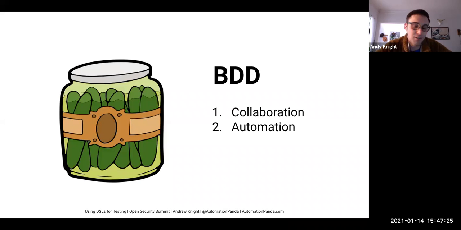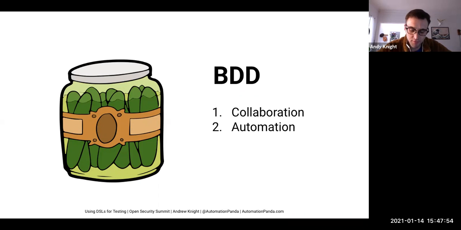I'm not going to get too much into BDD or what it is, but essentially it's a set of pragmatic practices that help you make better software behaviors in your development practices. So there are two main benefits of BDD, collaboration and automation. On collaboration, what BDD does is it helps bring people of different roles together, gets them talking, doing helpful planning activities like example mapping.